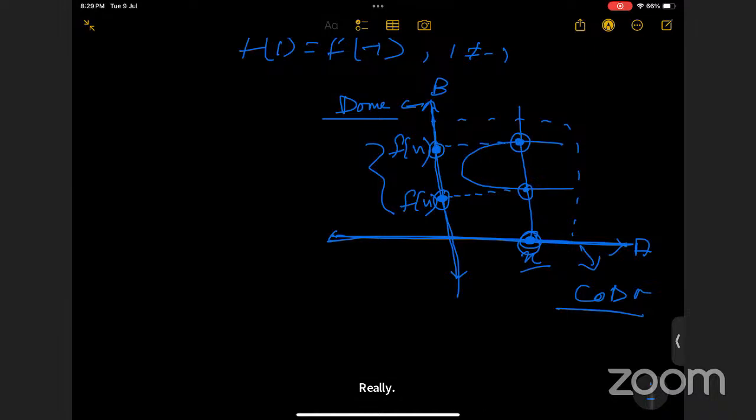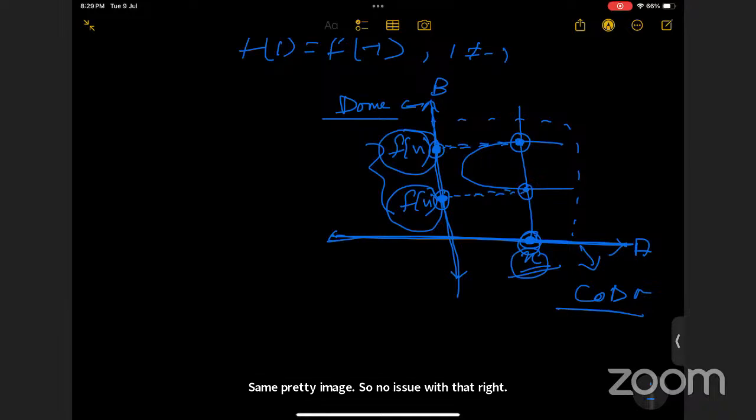So these points are from our domain, and this is our point from the codomain. So here we are taking 2 points from the domain. They have the same pre-image, so no issue with that, right? Yes.